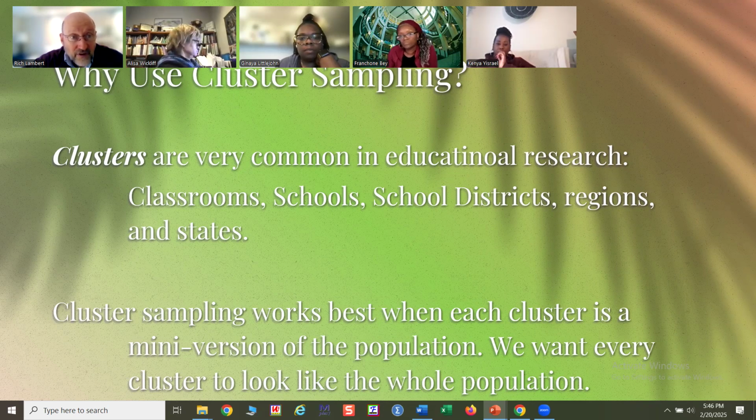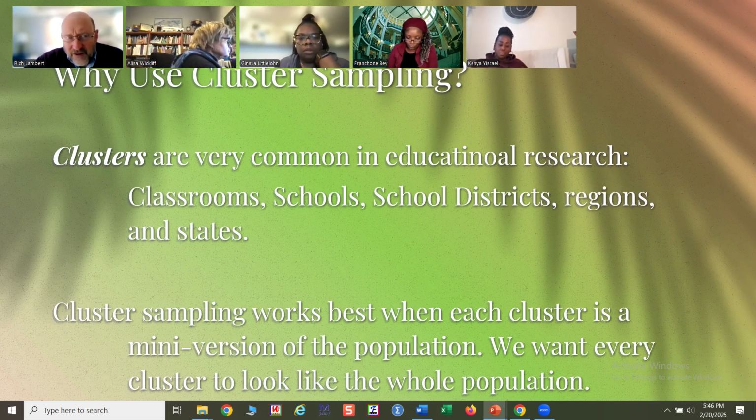The answer is no, right? They're representative of the communities where they're located, but they're not representative of the whole district, right? The district's very diverse. It has many different kinds of locations and a lot of diversity.